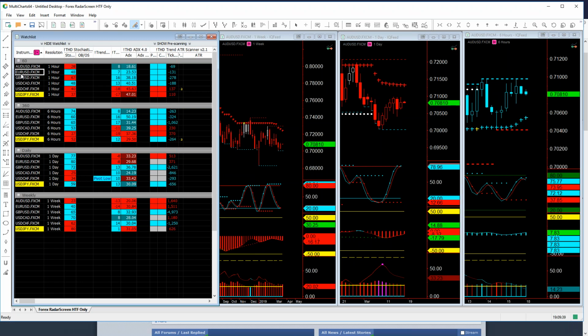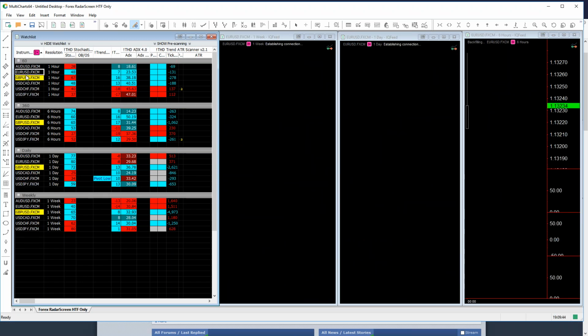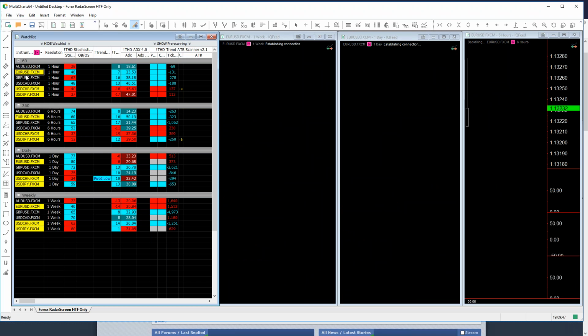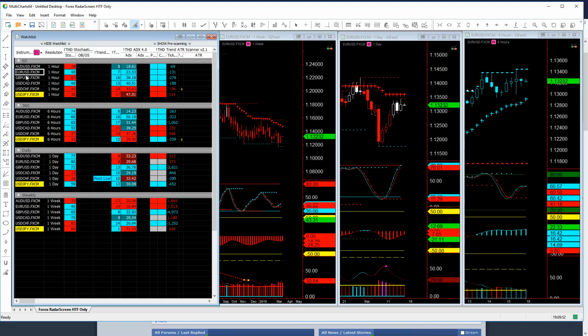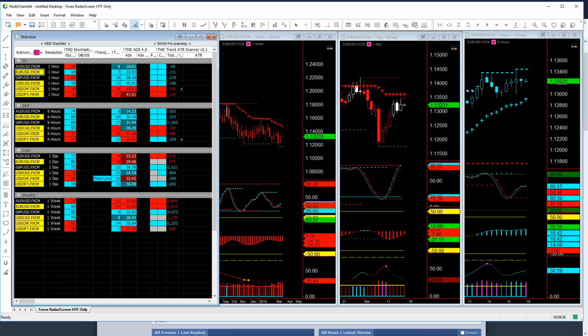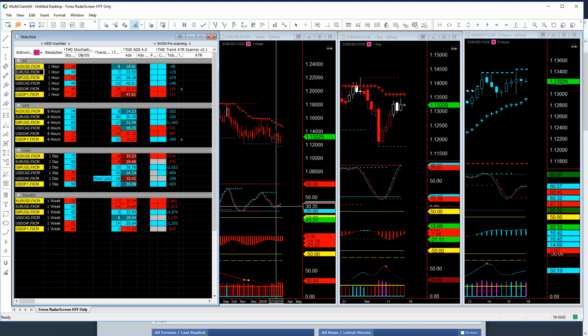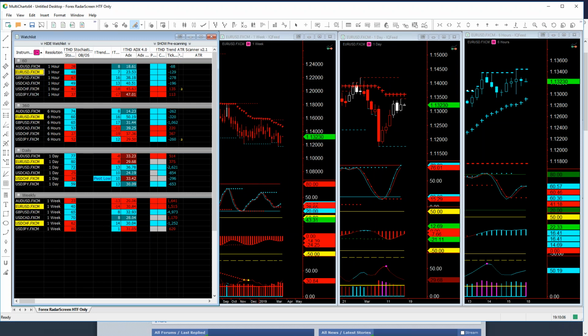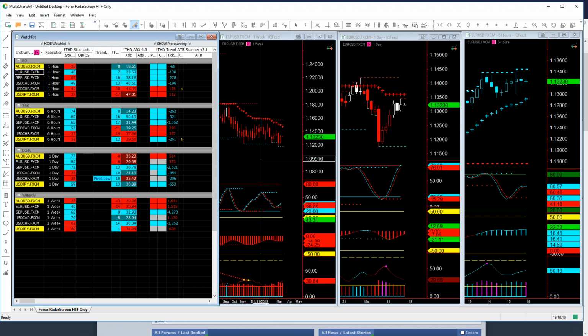So let's go and look at the euro dollar. On the euro dollar, you can see that this is overextended. Okay. So on the daily, this looks like it's going to come down. And yet this one is heading up, and you just had trend divergence here. Again, you've got discrepancies between these two time frames. Okay.